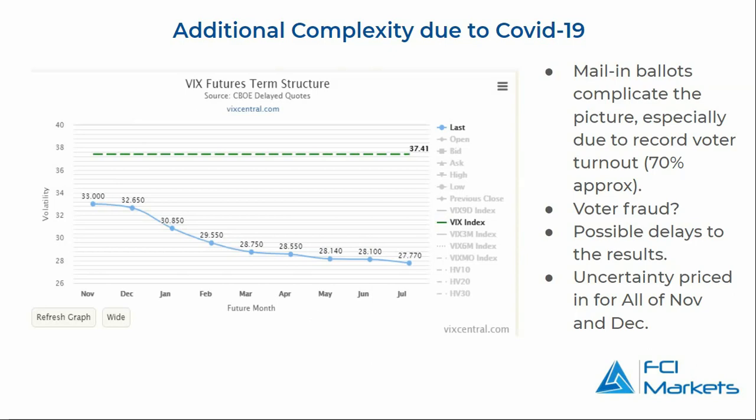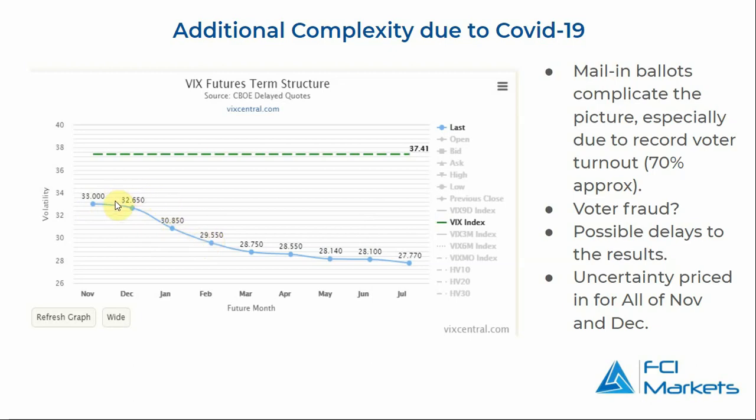Now, if we look at what the market is pricing in, even though the market is pricing in a Biden win, the market is also pricing in heightened uncertainty all the way into December, and past December. Okay, for the whole month of November, for the whole month of December, volatility is expected to remain elevated. And then it declines a little bit into the new year. January is still elevated, and February it starts to drop.